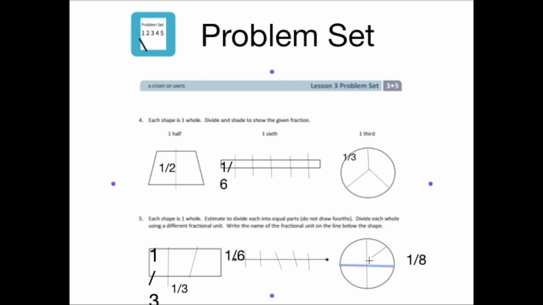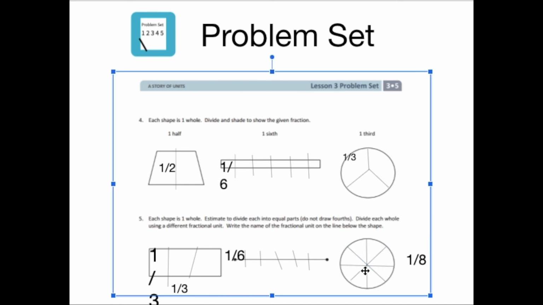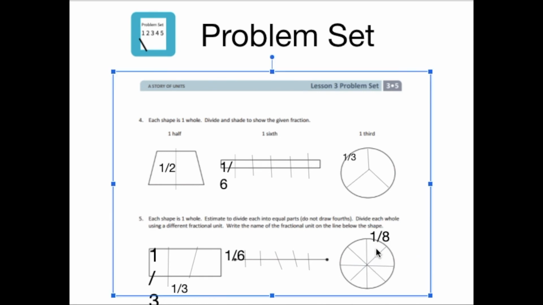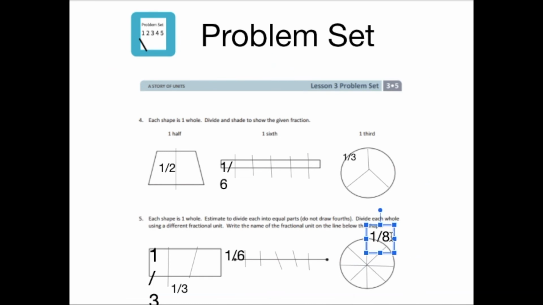Do it once more. And the last time. Now I'm looking at a pizza or a circle, and I can see that I have broken it up into 8 parts. I can take this fraction and cover it to show that this part equals 1/8.